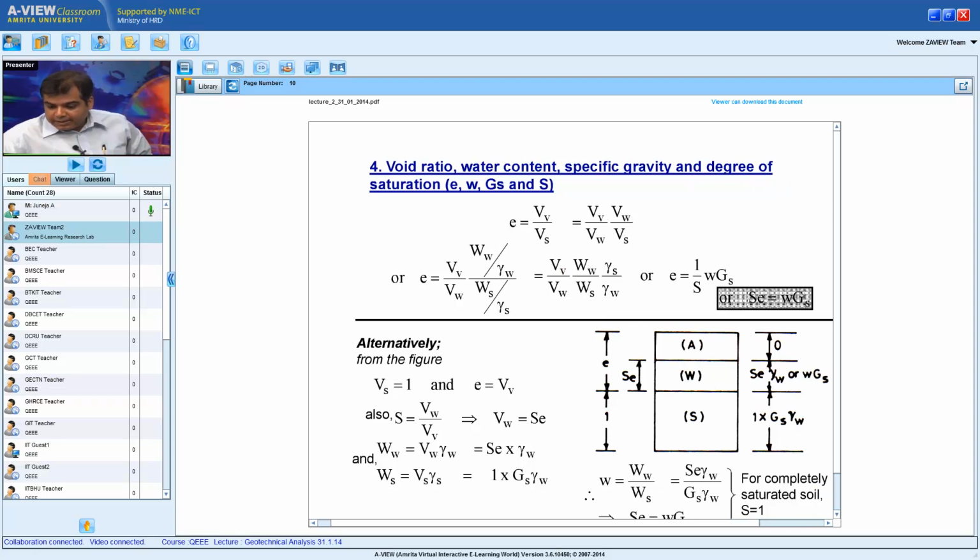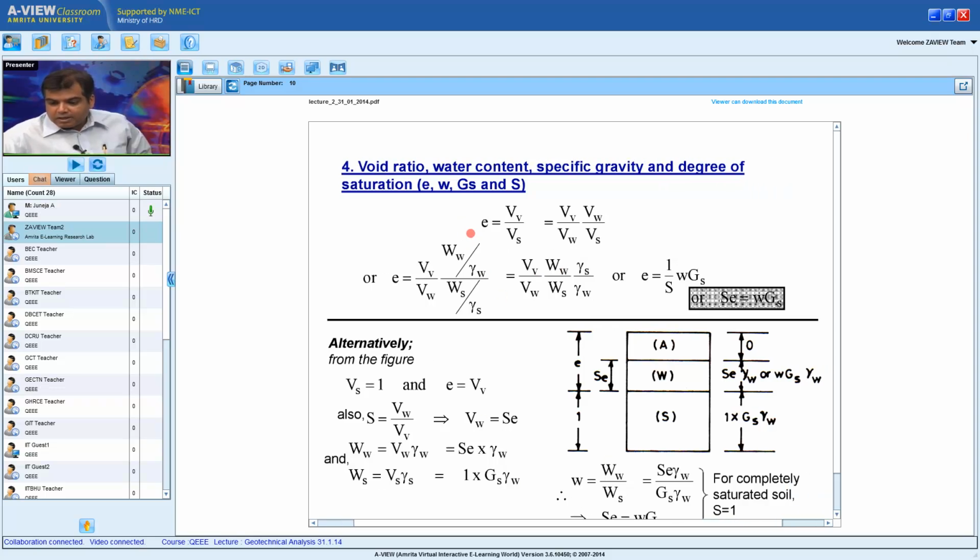The next slide leads to another important derivation, which is the expression between void ratio e, water content small w, specific gravity Gs, and the degree of saturation S. By definition, we know void ratio equals volume of voids to the volume of solids.